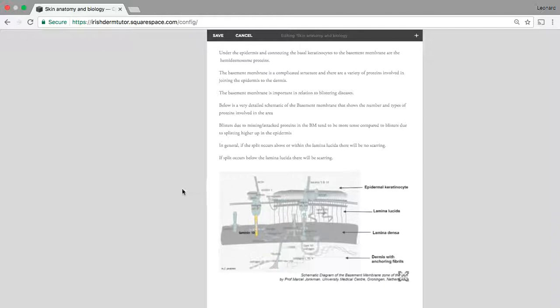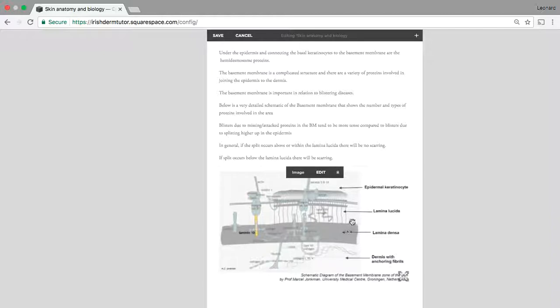Again, if any of these proteins are missing or if any of them are attacked, they can cause blistering disorders. As the area of attack or the protein that is not functioning is deeper down, the blisters tend to be much more tense, and they don't form erosions like in blistering disorders higher up.